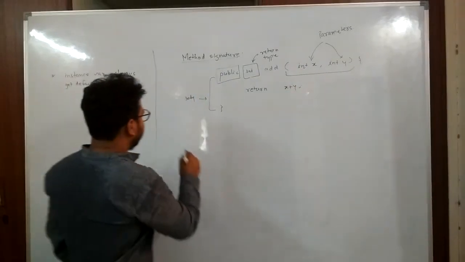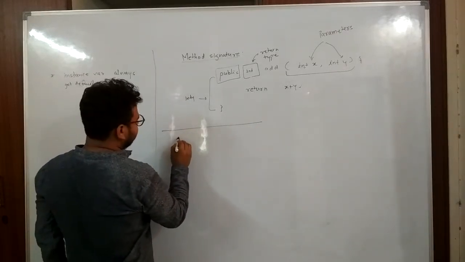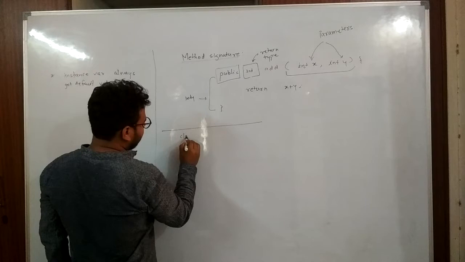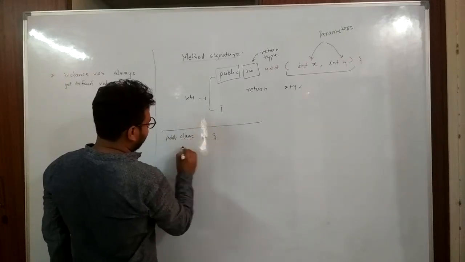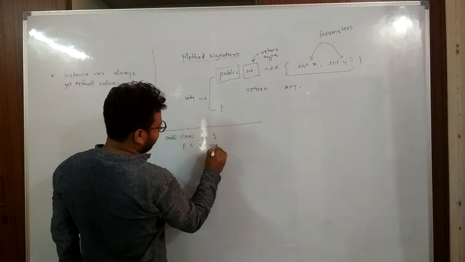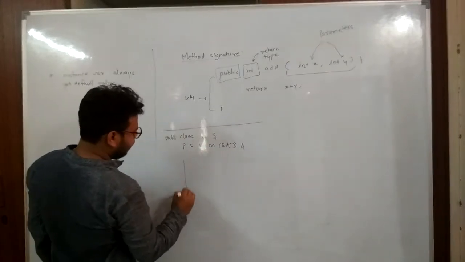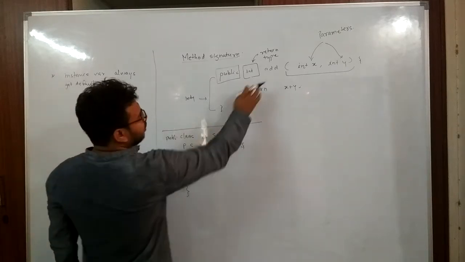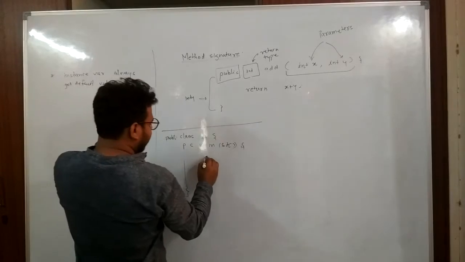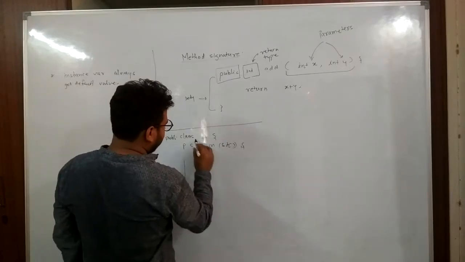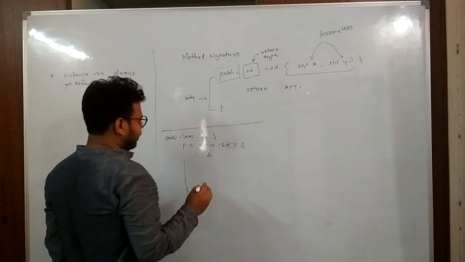Suppose we have a simple class, test class A, with public static void main(String x), and inside it we are going to call this. So suppose I create a new object for this class to call this add method.